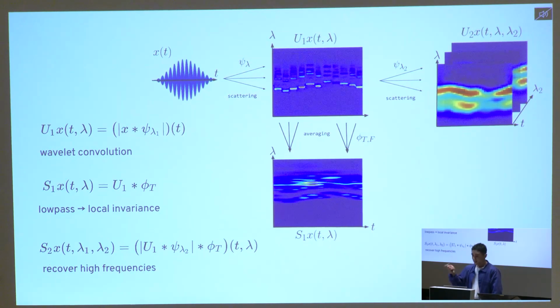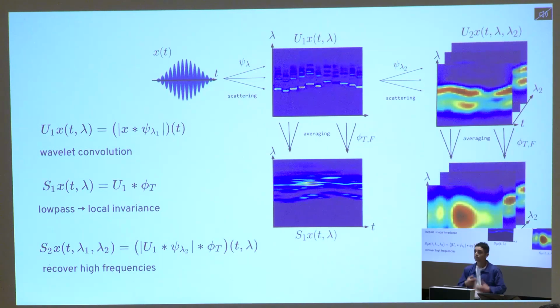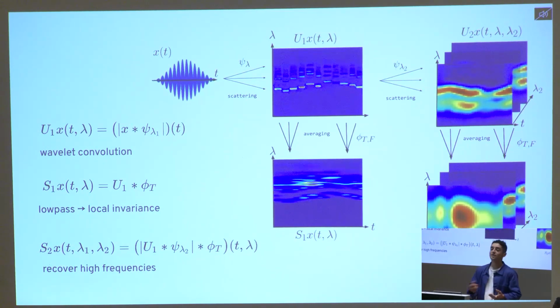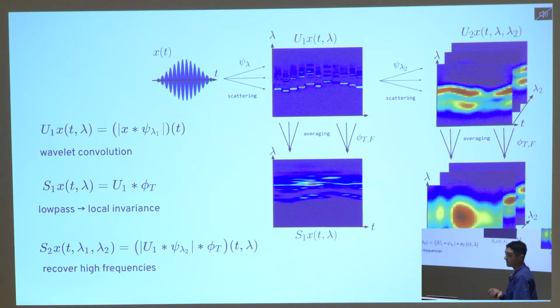And we are able to capture the modulation spectrum of each wavelet subband. And then we can do averaging again to get the second order time scattering transformation. And we have both modulation spectrum features, which are invariant to time shifts, and first order spectral features, which are invariant to time shifts.